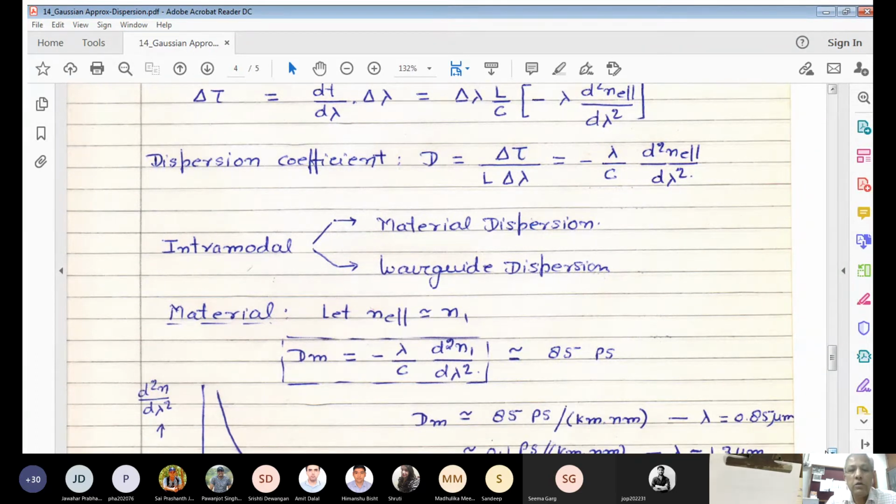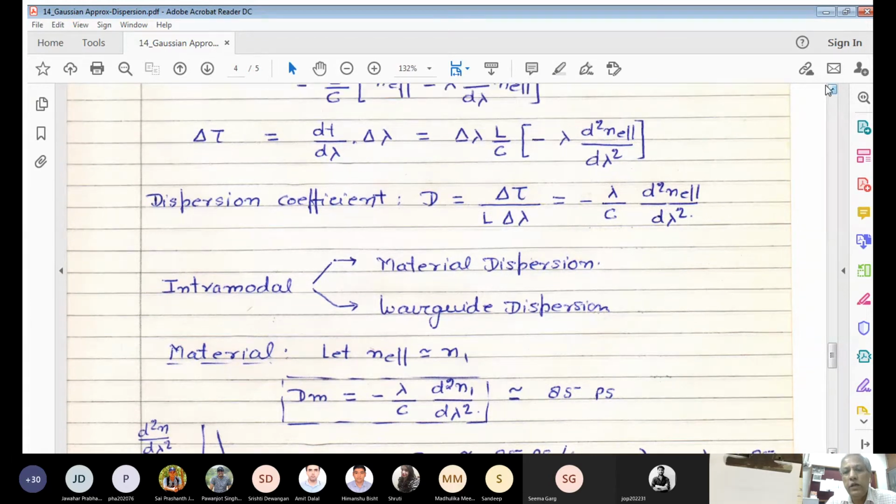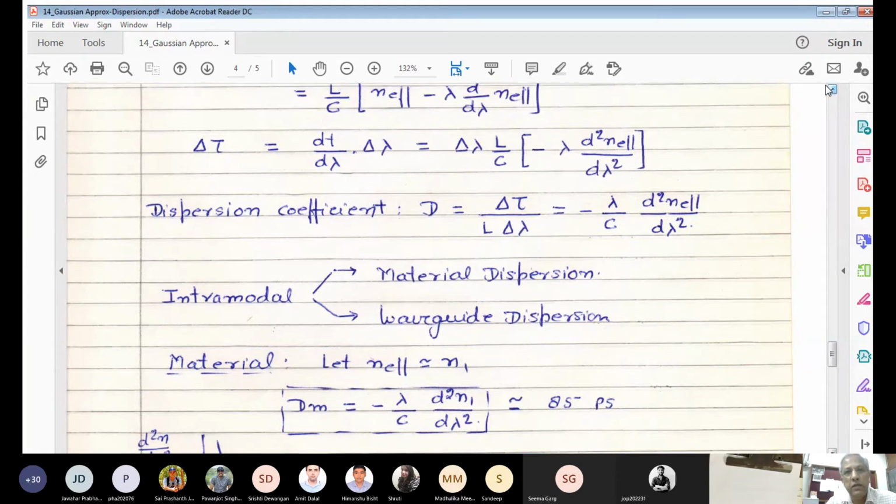Although I cannot really separate them, when I calculate the dispersion coefficient I should solve the eigenvalue equation which we have discussed earlier. For example, the fundamental mode eigenvalue equation was U J1 of U upon J0 of U is equal to W K1 of W by K0 of W, and similarly for other modes.